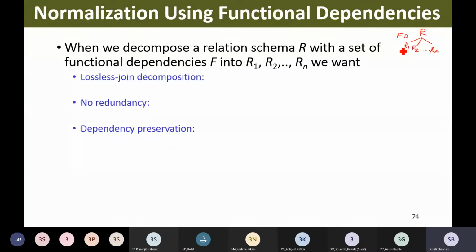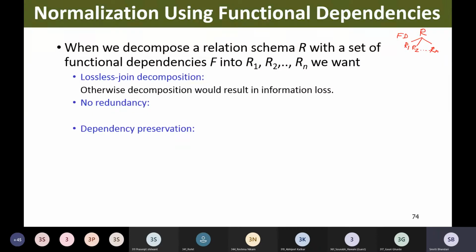Right? And what we want is for this decomposition to be lossless join decomposition. We have seen in the last class what we mean by lossless join decomposition.